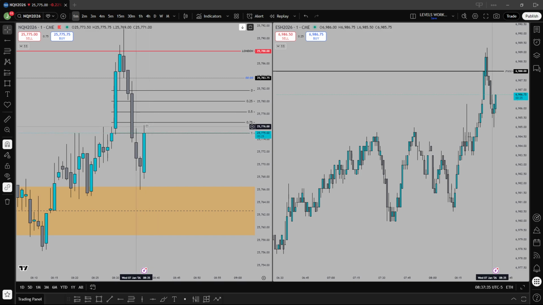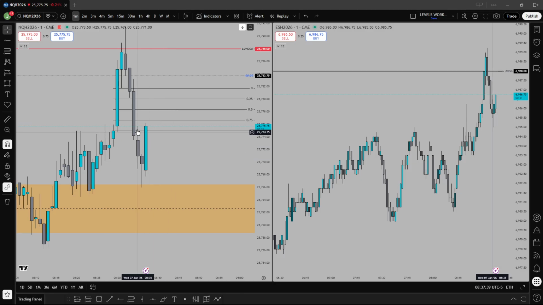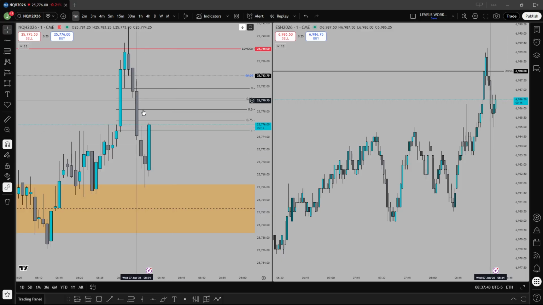Could this be an institutional order flow entry drill? Let's see. I want this gap to stay open.